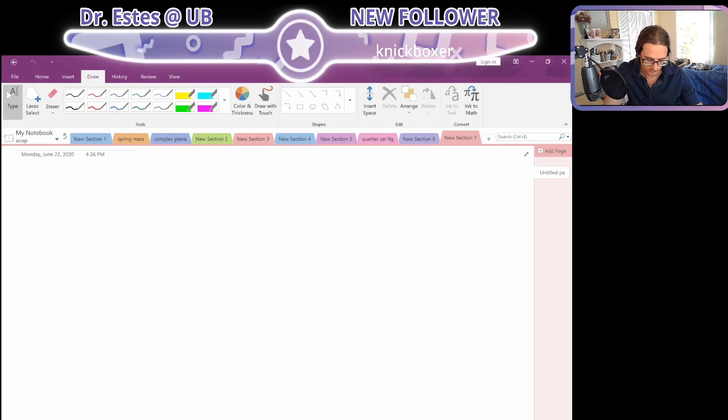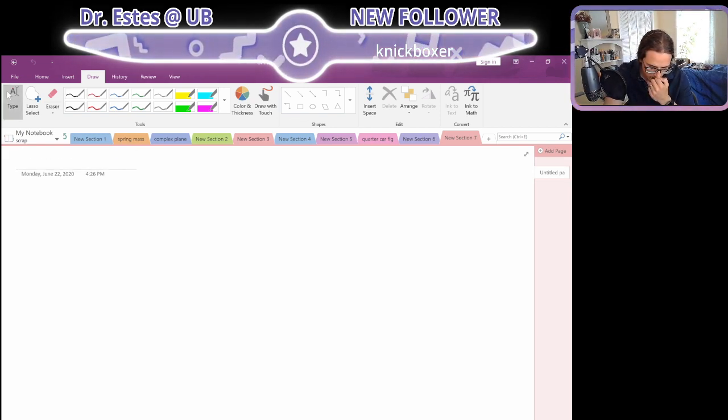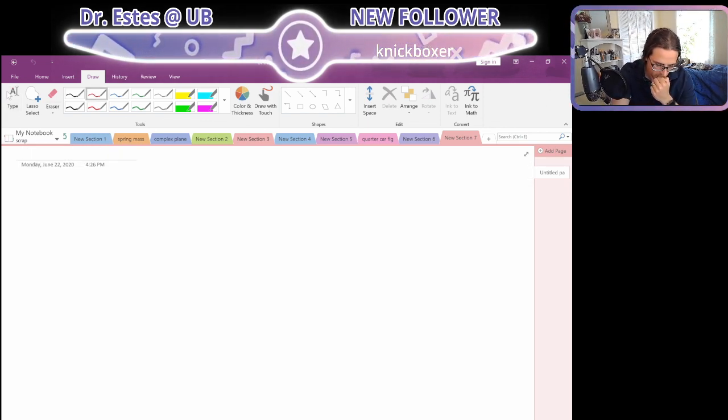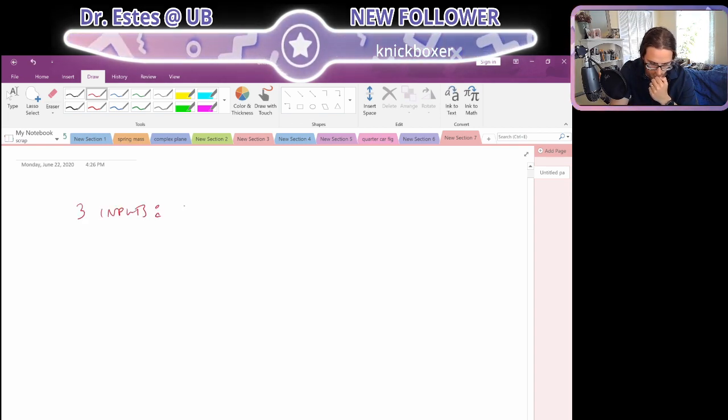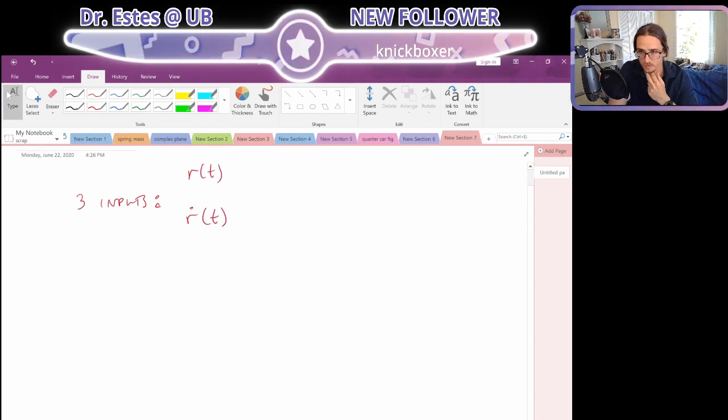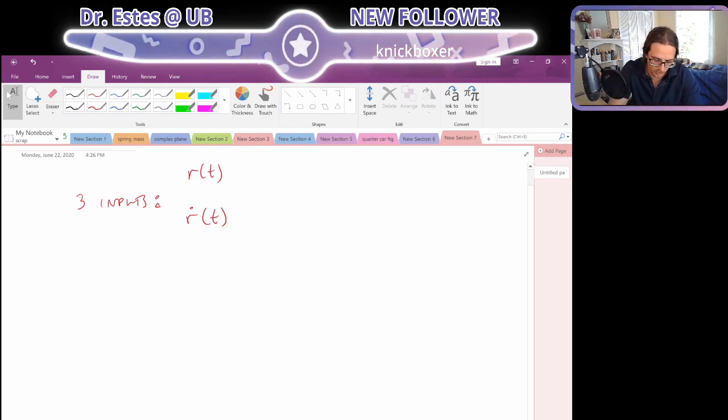Okay. So you have 3 inputs. You have R of t, so the position and velocity of the vertical movement of the road.